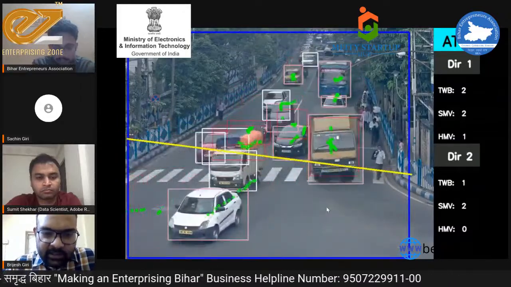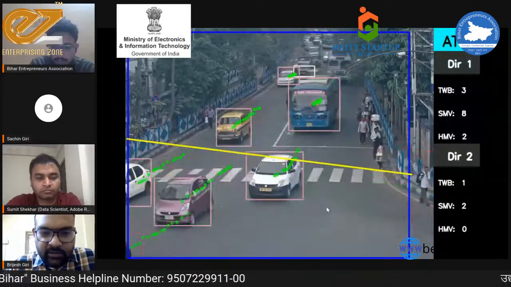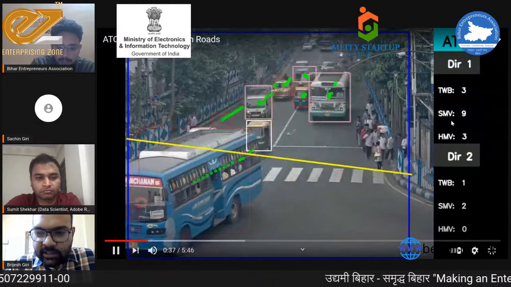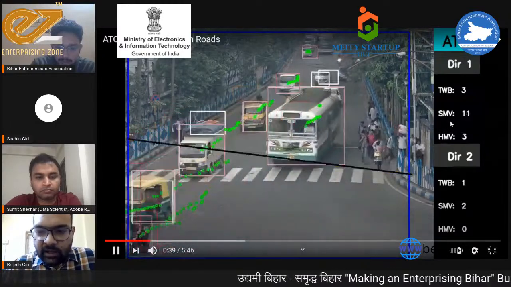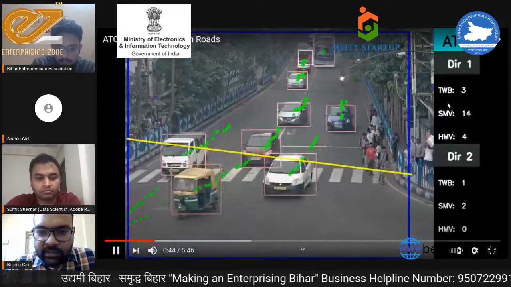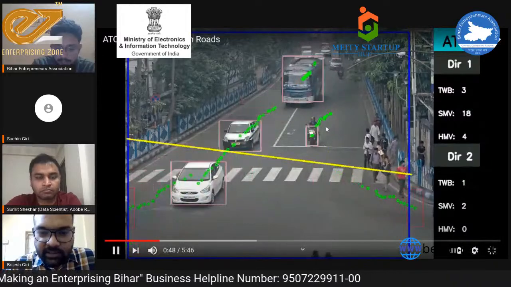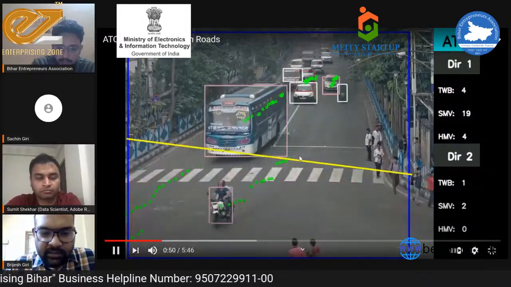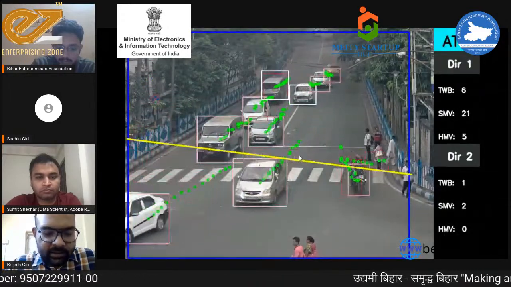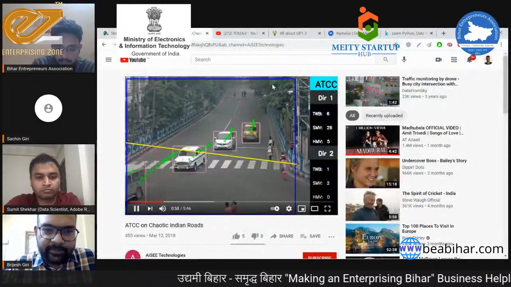So you can see that in real time it can detect objects in the video, and it can also classify those objects, right? So it can clearly, if you see, it can detect a small motor vehicle or a heavy motor vehicle like bus or truck, and two-wheeler systems. It can also detect two-wheeler systems like bikes. So if you can see that when this bike will cross, it will detect that also. So this is one application that is currently being used in India also.